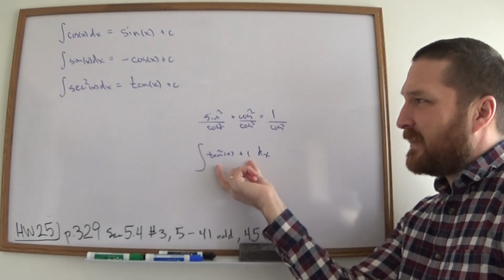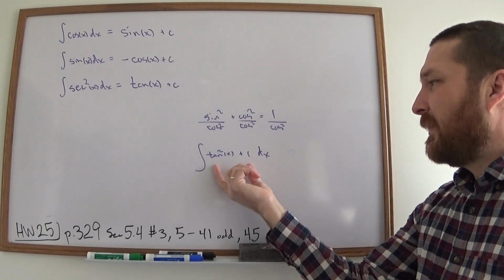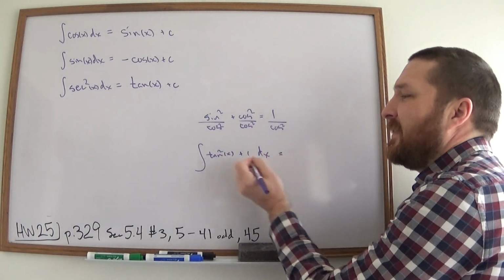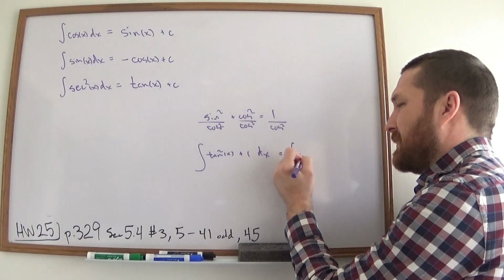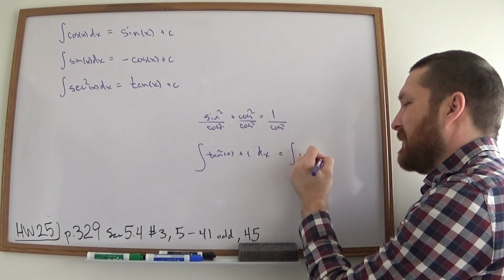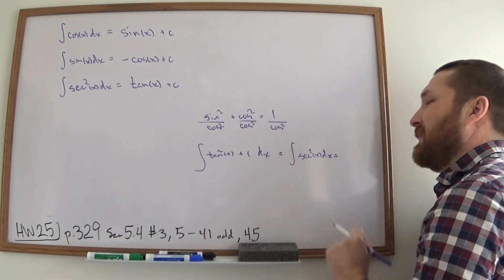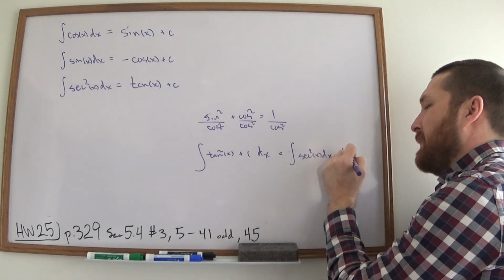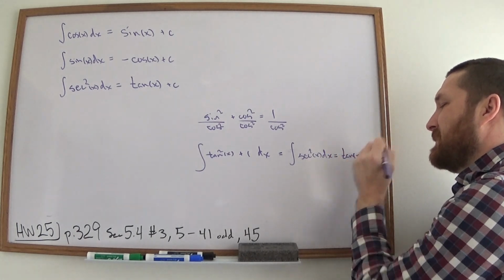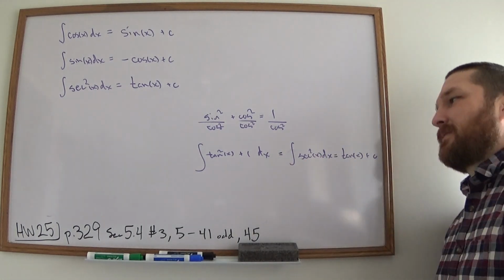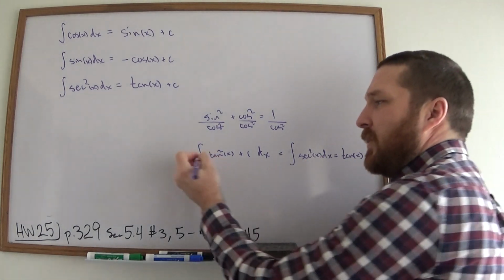Can I turn that into one of these that I know? In that case, you could say, oh yeah, that's the same thing as secant squared x, and the antiderivative of that is tan x. Why? Because the derivative of tan x is secant squared x.